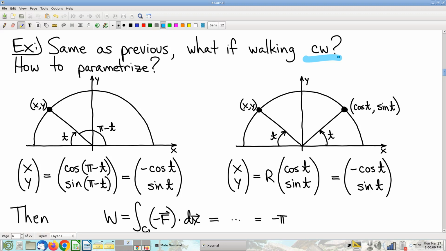Here's the idea. If I parameterize clockwise like that, I propose that this angle right here is my parameter. After all, if I'm going clockwise as indicated, here's where t is equal to 0.